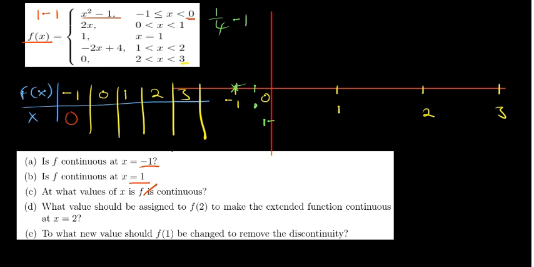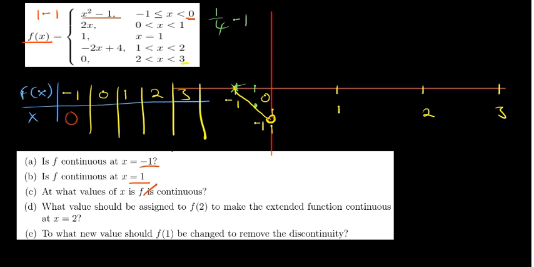If you put 0 there, it will give you -1. So the function is moving like this, and at this point it is not continuous. Take note, this is at x equals 0.